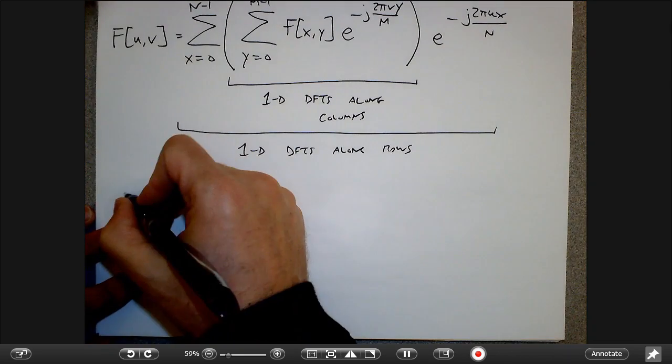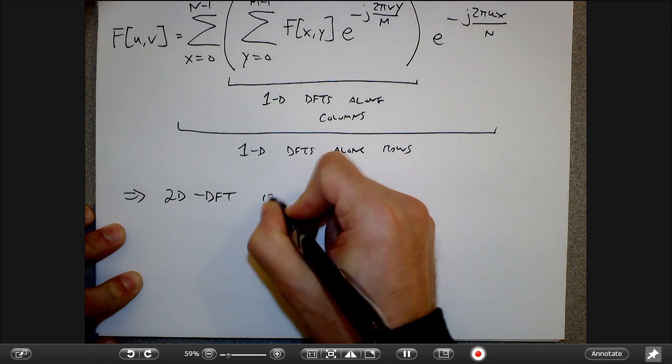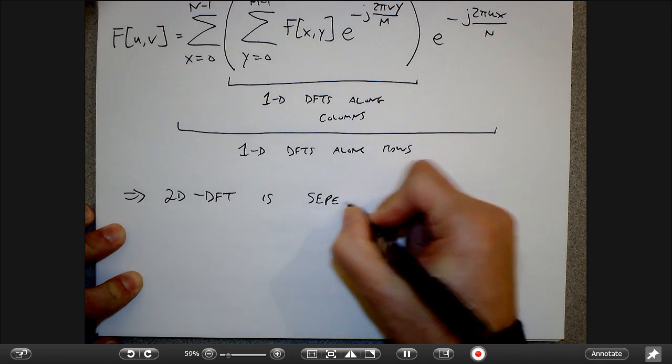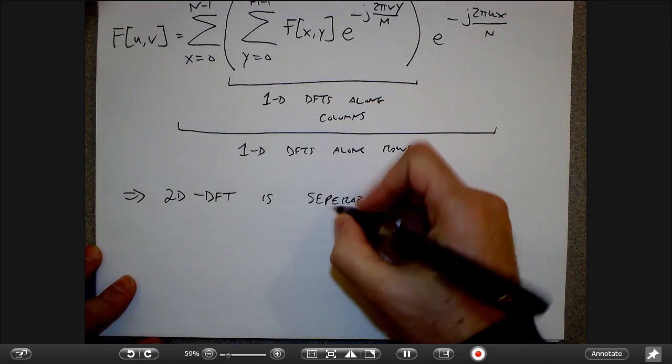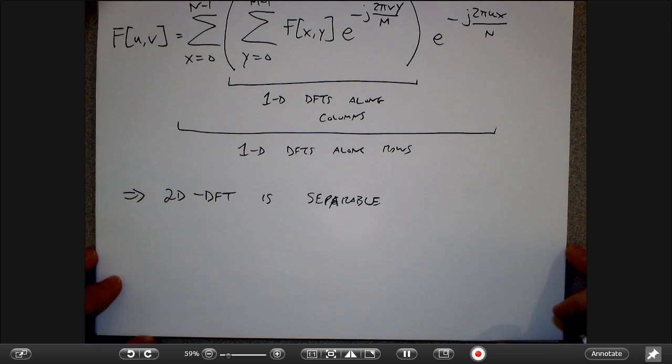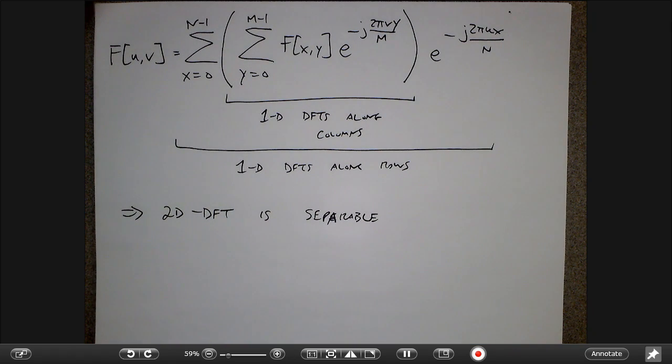So basically what this comes down to is the 2D DFT is separable. We don't have to write a whole different 2D DFT function. We can just use the 1D DFT function that we already have and rapidly take the DFT by taking DFTs along the rows, DFTs along the columns.